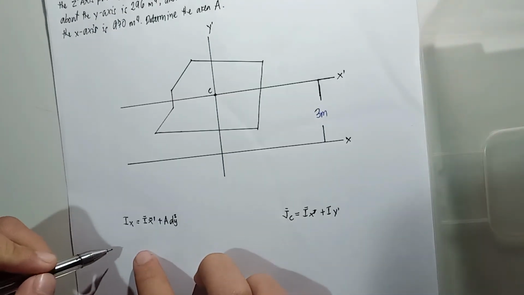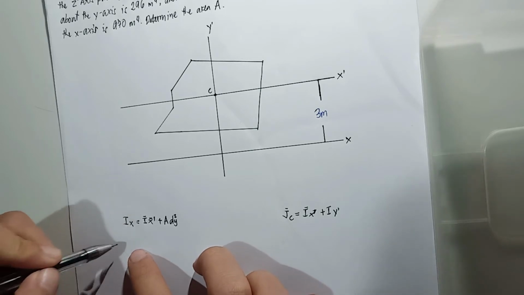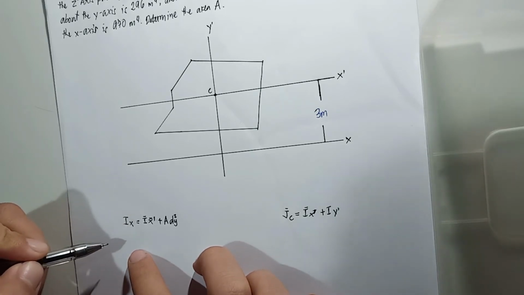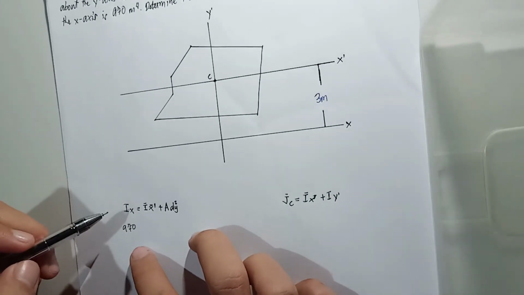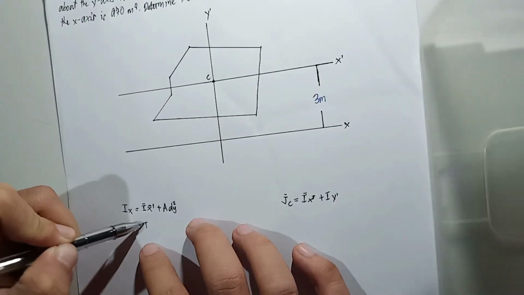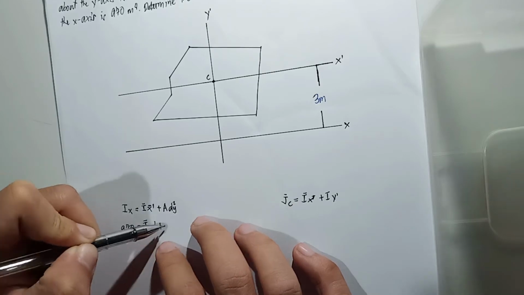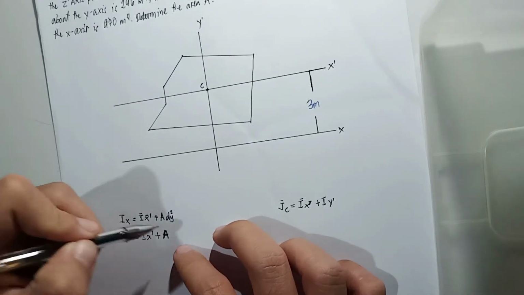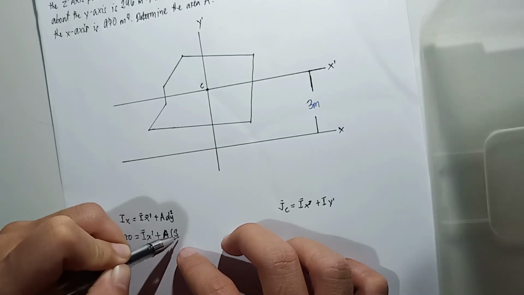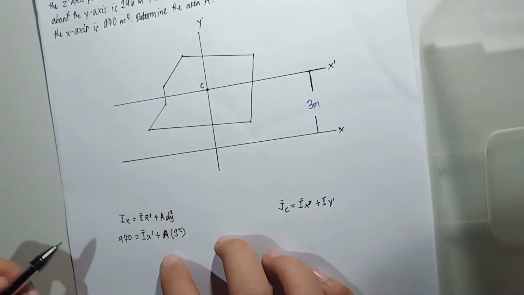So first, Ix is equal to 970, which equals the centroidal Ix plus the area times the distance of 3 meters squared.